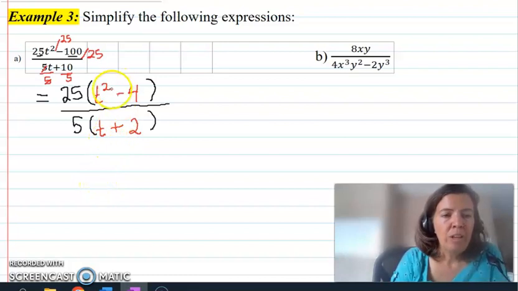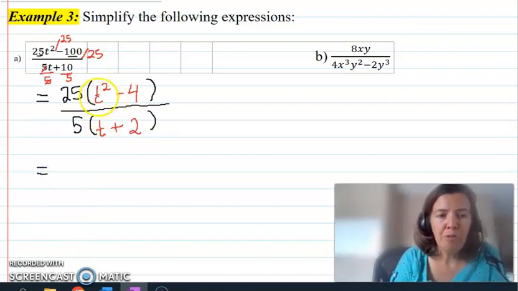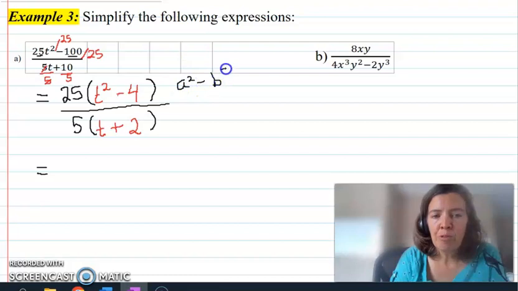Now at this point, what you should notice is that the numerator is what we call a difference of squares, a perfect square minus another perfect square. If you have anything of this form, I'm going to write it as a squared minus b squared, that will factor as a minus b times a plus b.